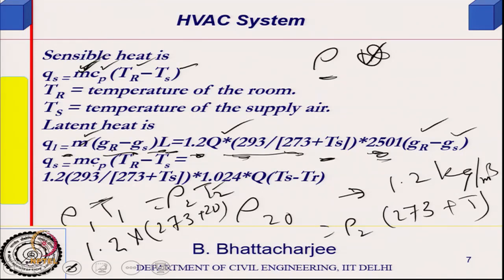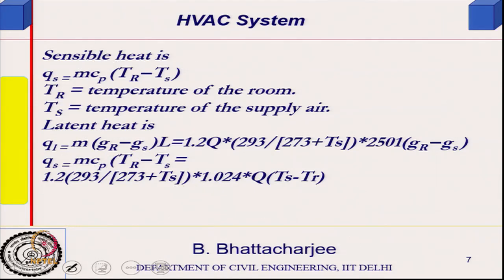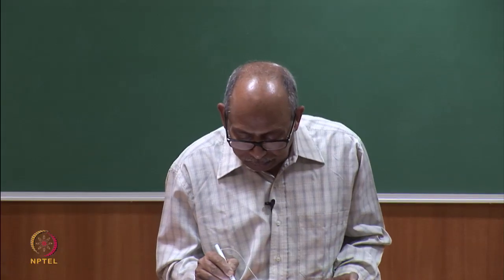Sensible heat will be mass into specific heat into Tr minus Ts, which you can write as the density part of it into the Q flow rate into Tr minus Ts.